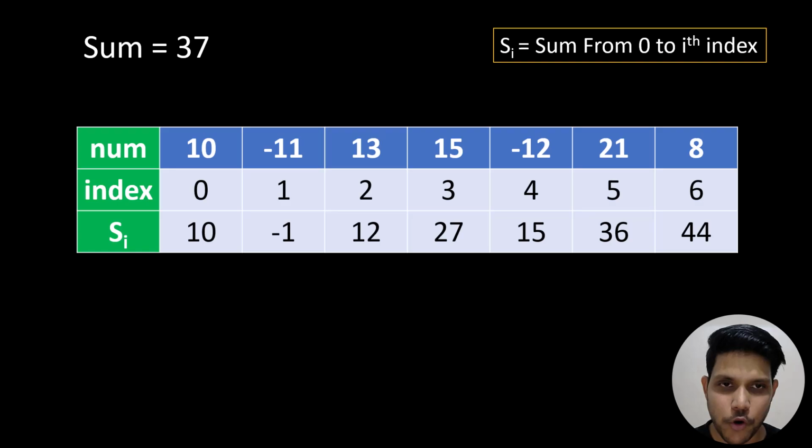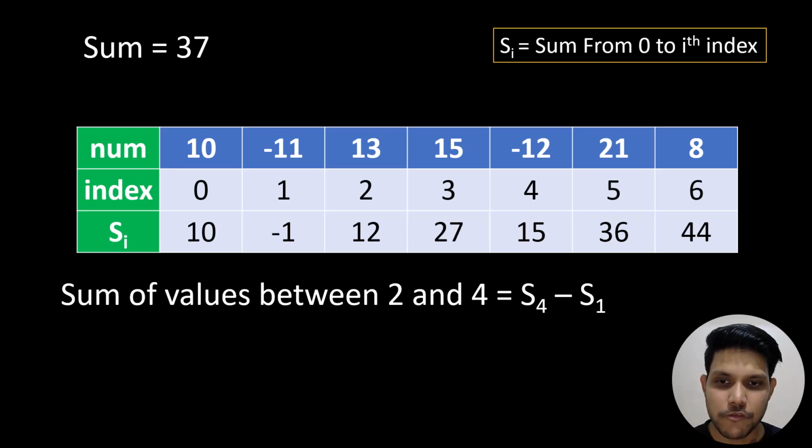So we have removed all the unnecessary details. We'll just have the numeric array given to us. We have the index and we have s of i, which is nothing but the sum from 0 to that particular index. Now the sum of values between 2 and 4 was s4 minus s1. We discussed that. Why s1?